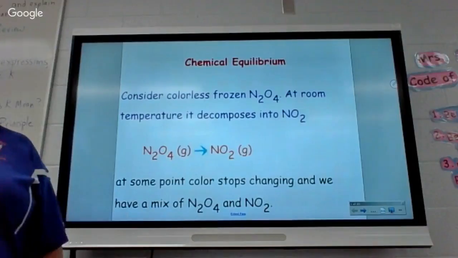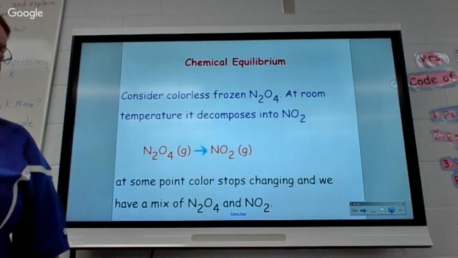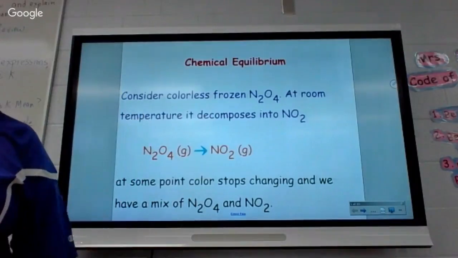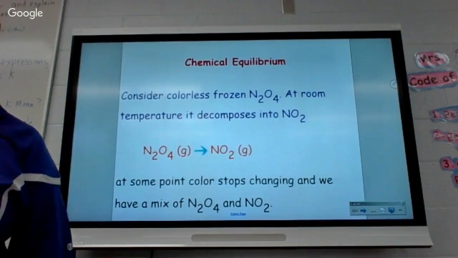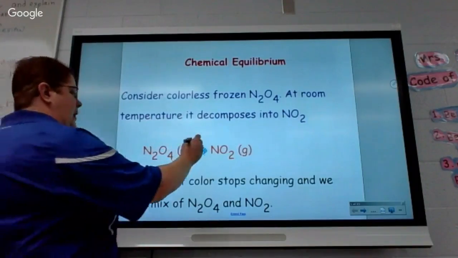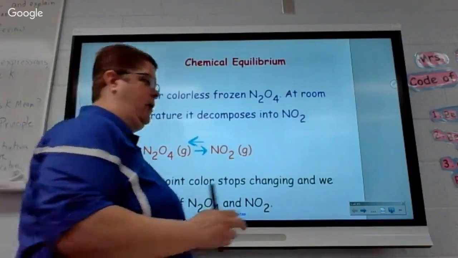One. And so, as time marches on and N2O4 decomposes or changes into NO2, what has to happen? NO2 has to do what? Change back into N2O4, or we can never reach equilibrium.